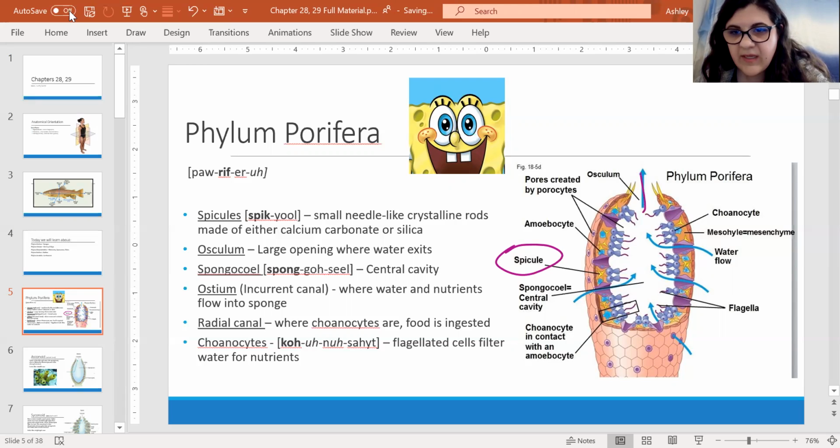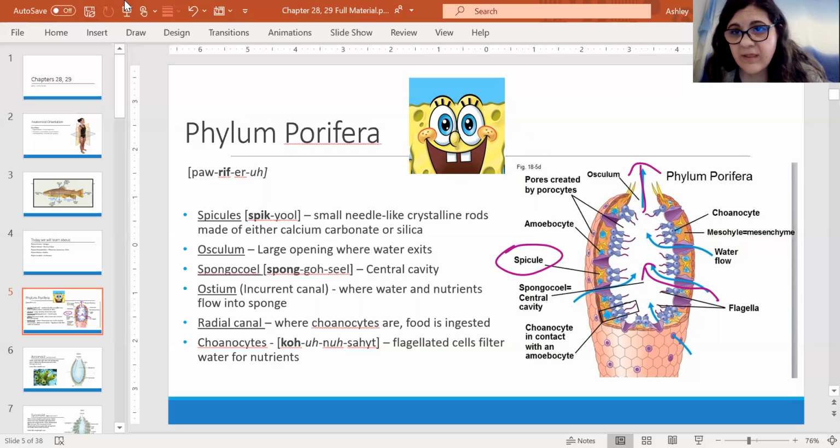So osculum is any opening that water will exit. Then you have the ostium, which is where water enters. So there's a very distinct direction of water flow because the choanocytes are going to be filtering that water.